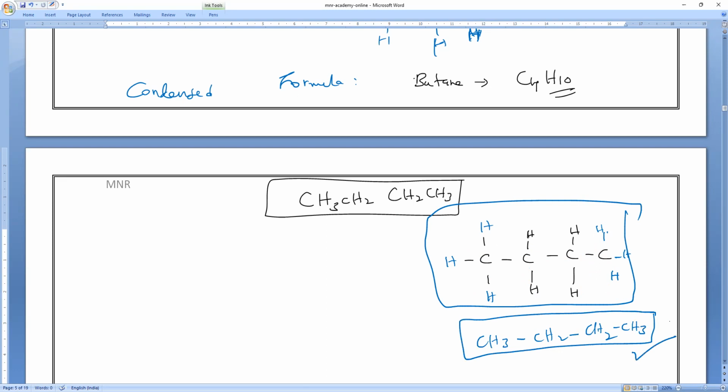This is what we call the condensed formula.